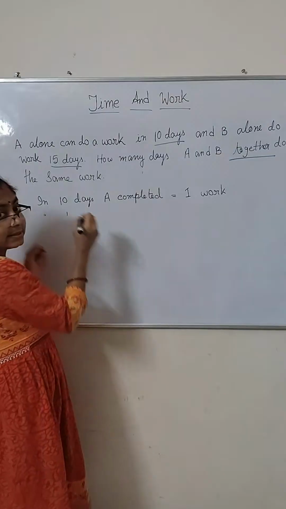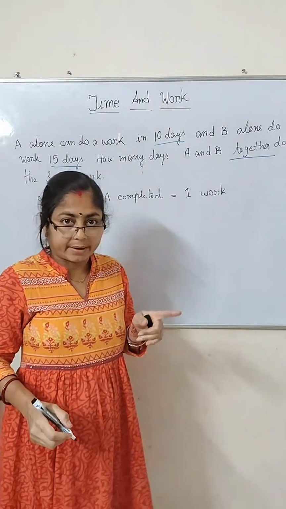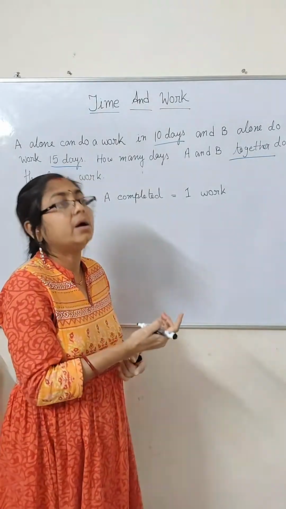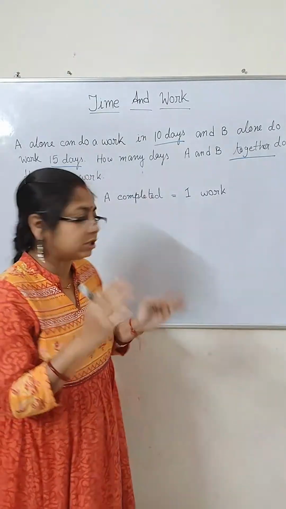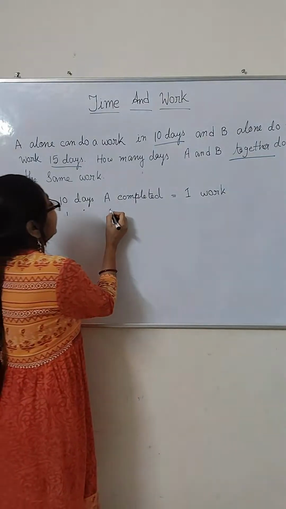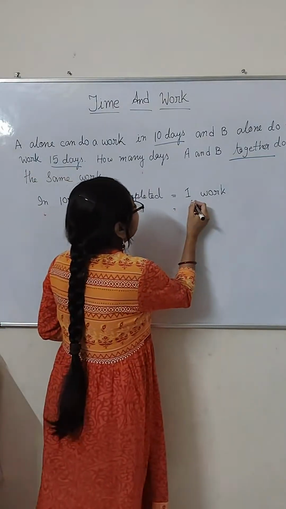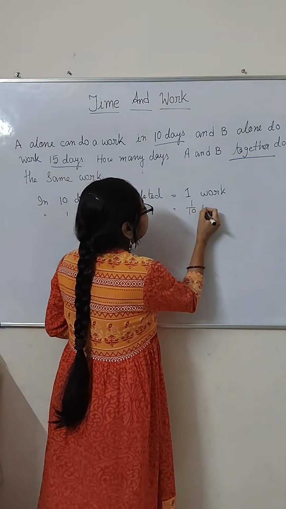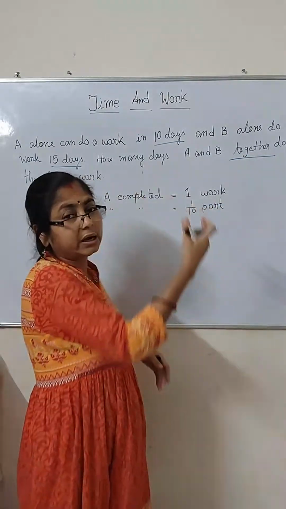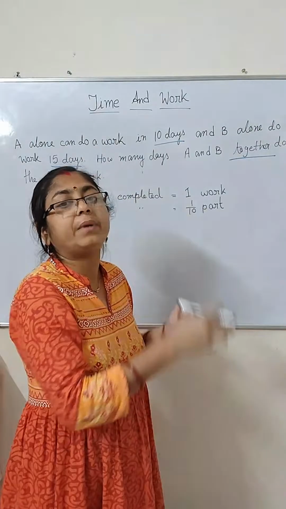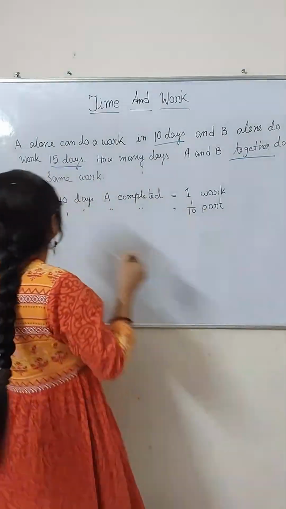Now we apply the unitary method. Mean in one day, what part of the work did A complete? First you find out this. In 1 day A completed 1 by 10 part. Now accordingly you find out the B. So you please do the B part alone.